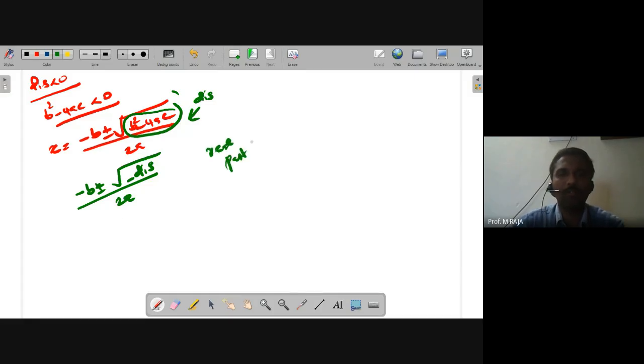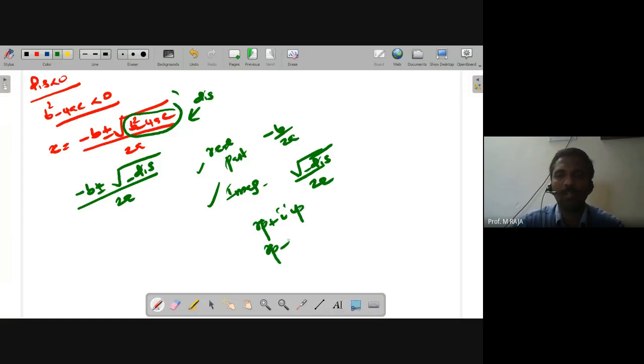The real part is minus b by 2a and the imaginary part is square root of minus discriminant by 2a. To have the actual solution, we need to combine both the real part and imaginary part: real part plus i into imaginary part, and real part minus i into imaginary part.